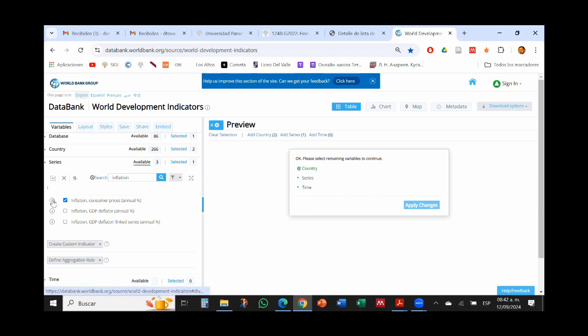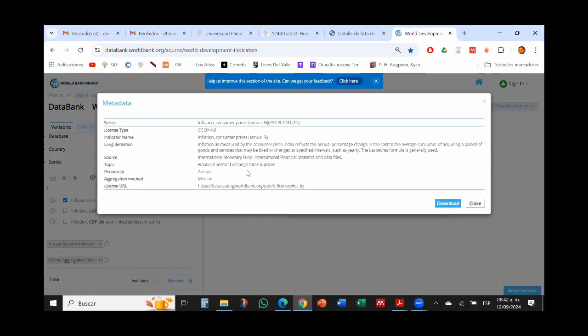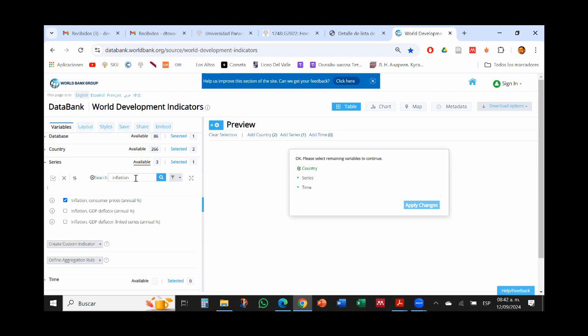Well, guys, here is an option. One click here, and you will find a clear definition of what it means here: inflation, consumer prices, annual percent. And this definition would be useful to make a decision, right? We know this one. Now, more complicated because there are many other options.